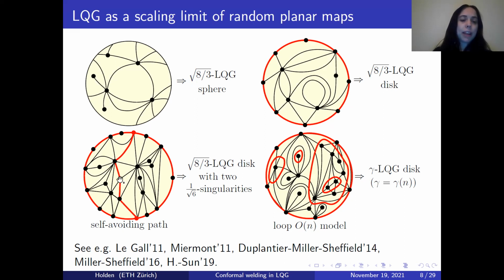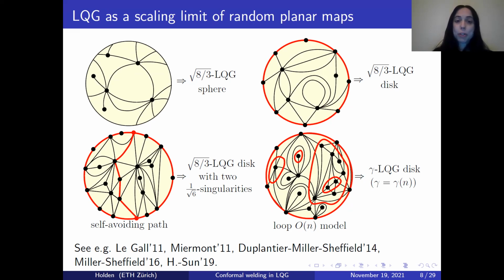We sample uniformly at random from the collection of planar maps decorated by such a self-avoiding path. Then again, we get the square root of 8/3 LQG disk in the scaling limit, but now the field h describing the disk will be slightly different. This field will have logarithmic singularities at the points where the self-avoiding path starts and ends, and 1 over square root 6 describes the magnitude of this logarithmic singularity.